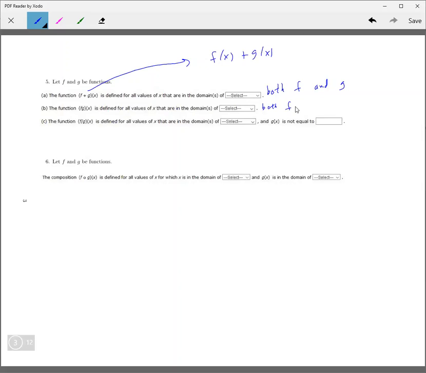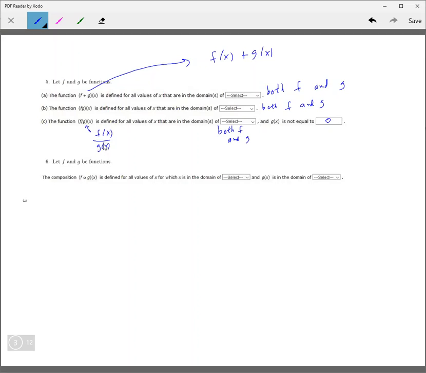The same thing with this right here, both f and g. Now, when you're doing f divided by g, then you have to have both f and g again. But additionally, you can't have g being 0, because this right here is f of x over g of x.